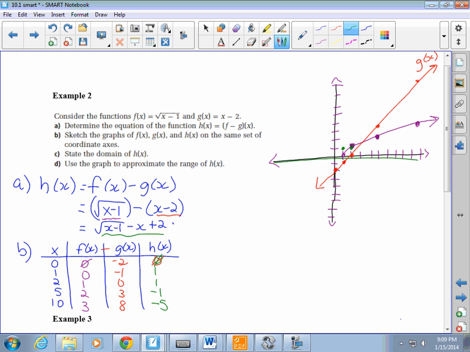At 5, it was negative 1. And then at 10, it was negative 5. So it's about like that. Even though it's a little bit hard to tell, if we use points in between, this would actually curve up and then come back down through there like that.